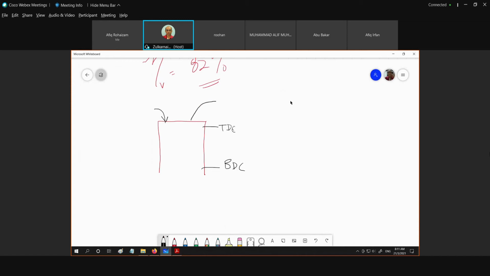Let's say now the piston is at the end of the induction stroke. Kita punya piston crown berada betul-betul pada BDC. Okay. Jadi keadaannya begini.